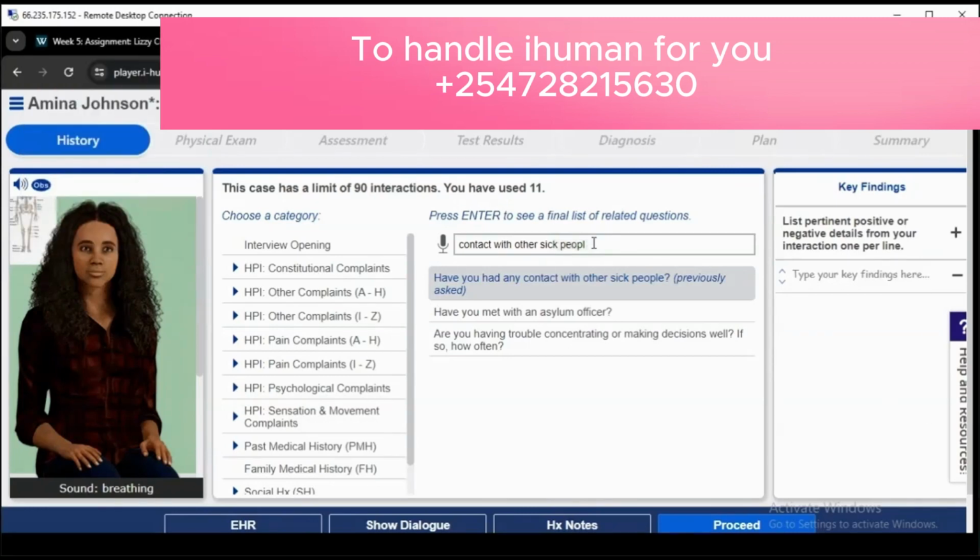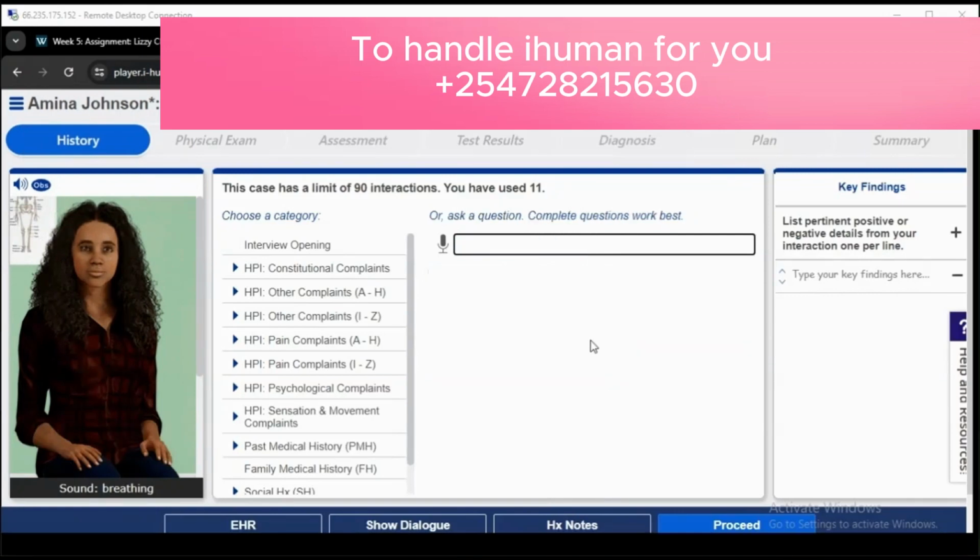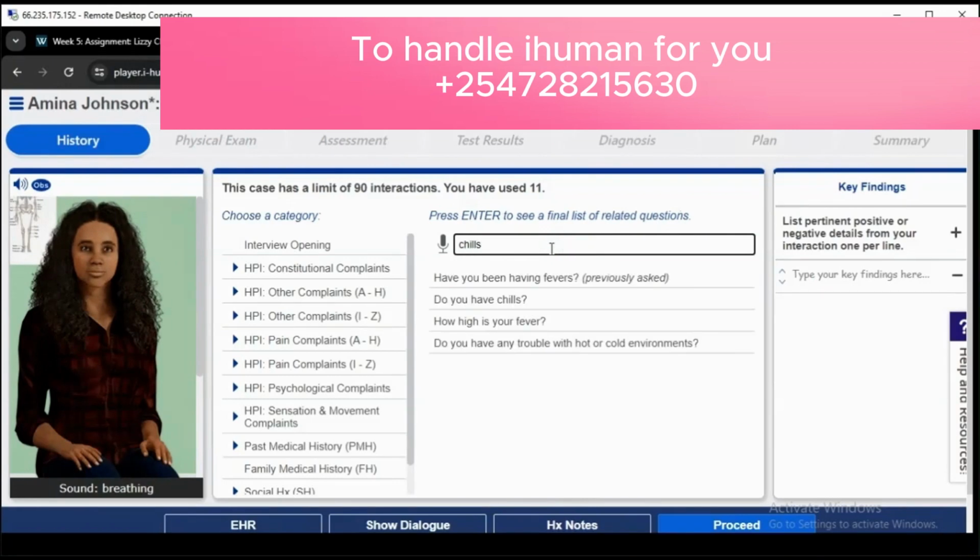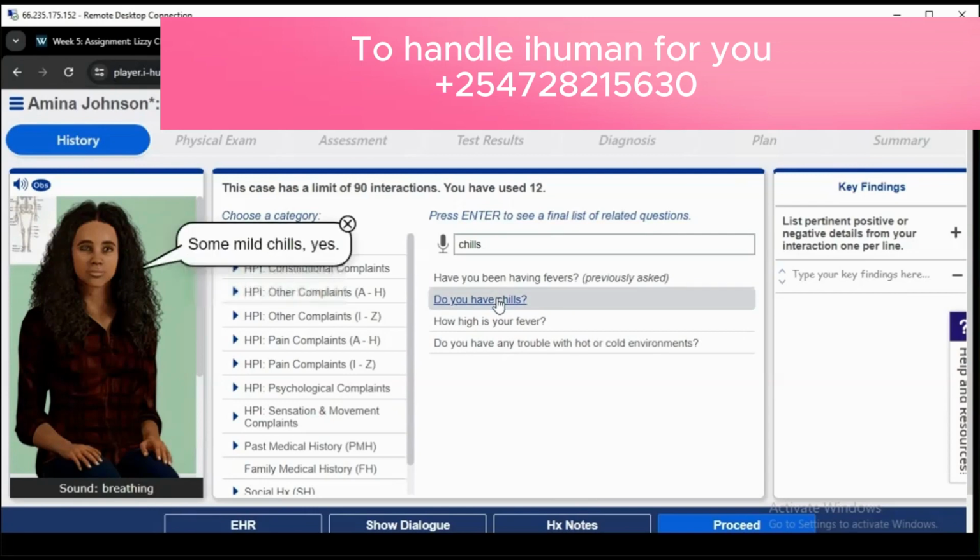So that's why you have to ask specific questions that are really related to a specific symptom, or if it is more than one symptom, then you really have to try as much as possible to exhaust the questions that may help you make the right diagnosis.